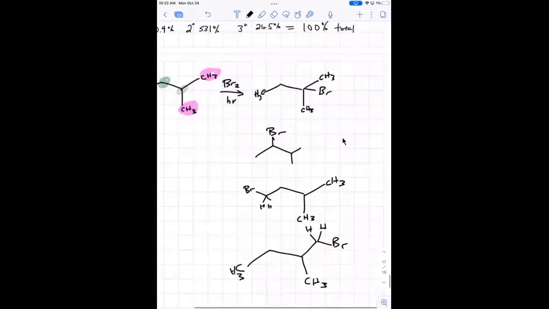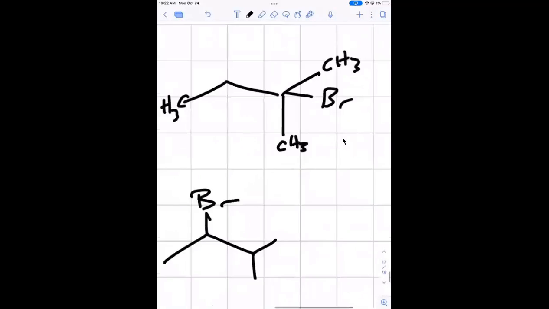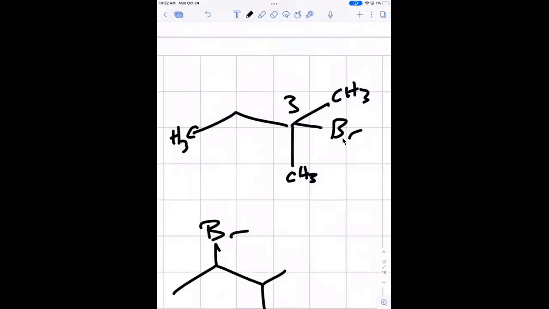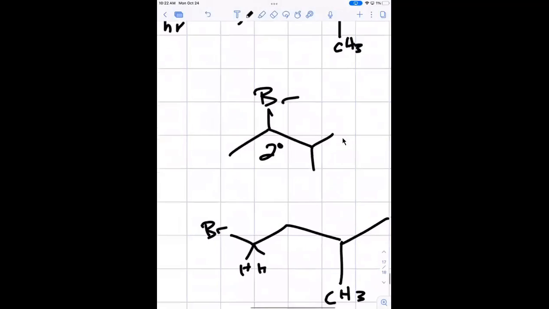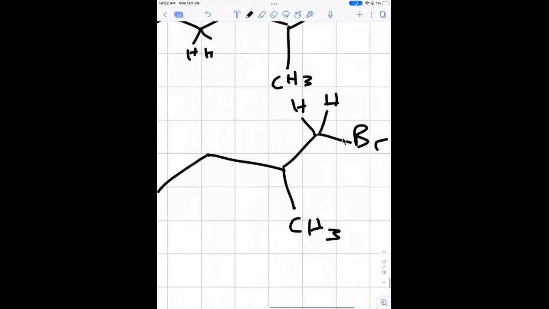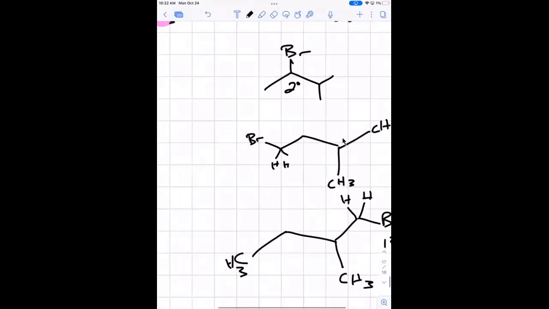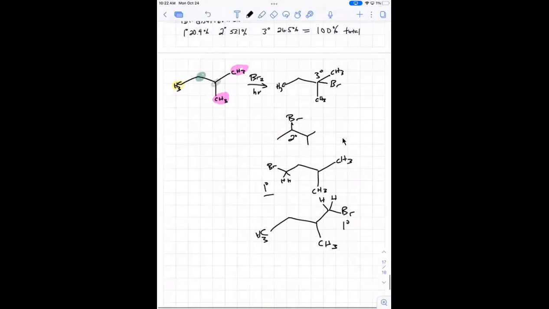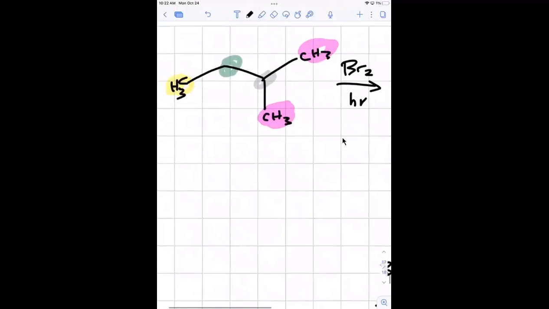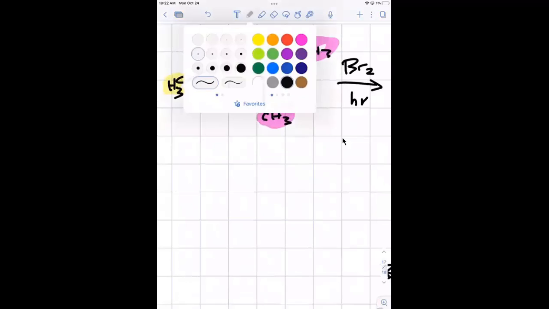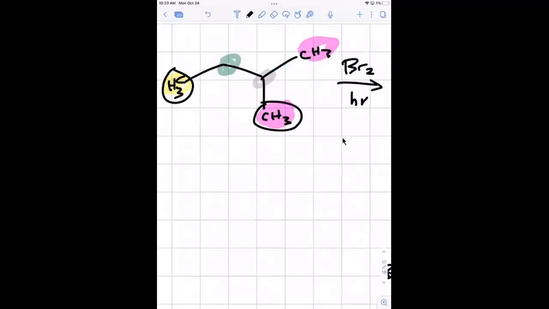All right. So with these, we have a tertiary product. We got a secondary right here. We also have a primary here and another primary here. But when we're calculating the sum, we don't care where the primary is. We're going to have to lump them all together. So how many primary hydrogens do we have? We got 3 here, 3 here, and 3 here. So we got 9 primary hydrogens.